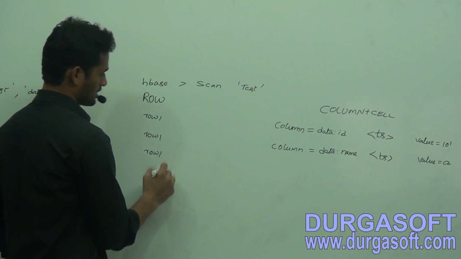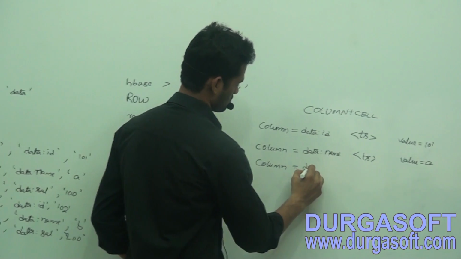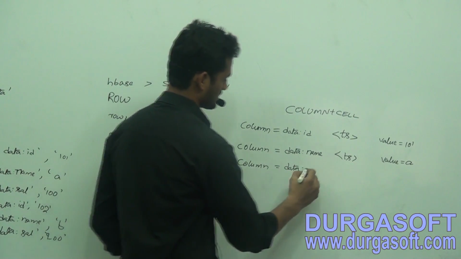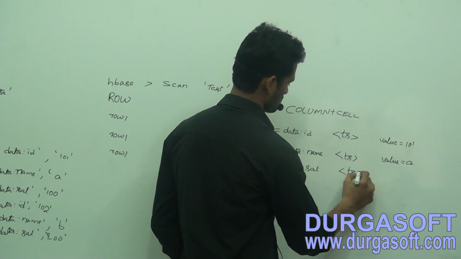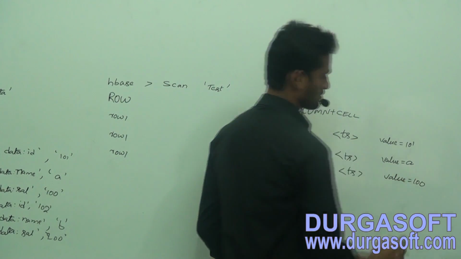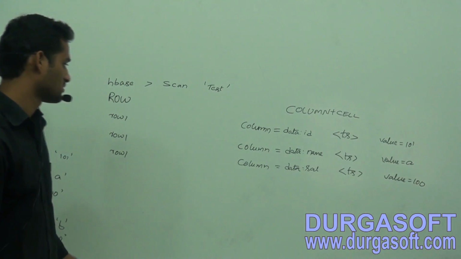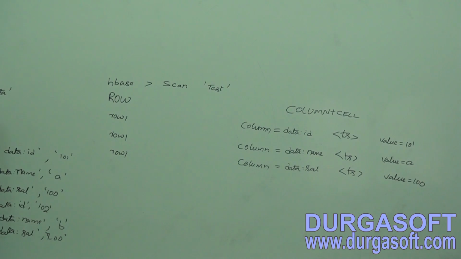Row 1 again, for data salary, what is the column name here? Value here is 100. In the same way, please start writing row 2 also.